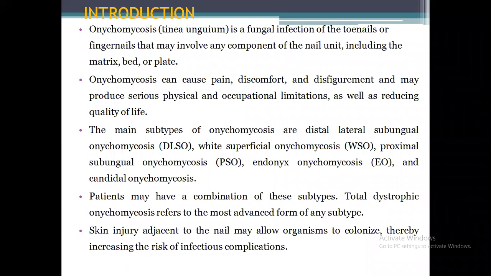A patient may have a combination of these types. Total dystrophic onychomycosis refers to the most advanced form of any subtype. A skin injury adjacent to the nail may allow the organism to colonize, thereby increasing the risk of infectious complication.